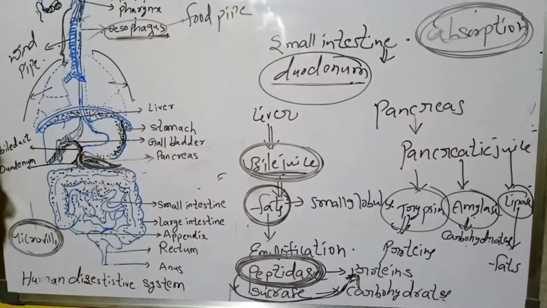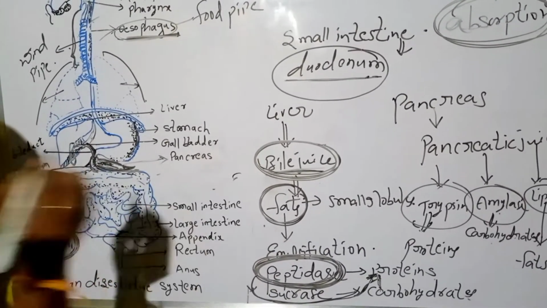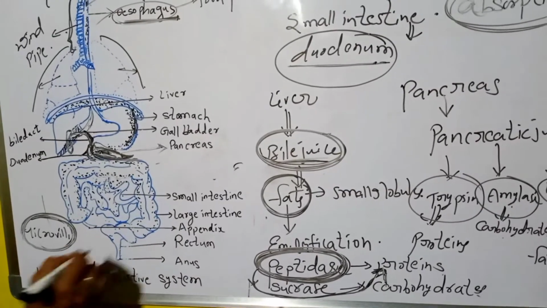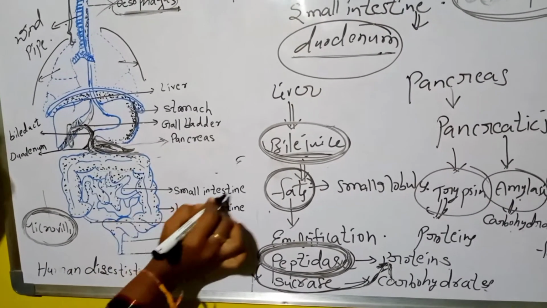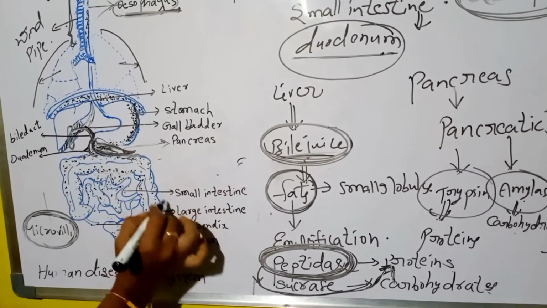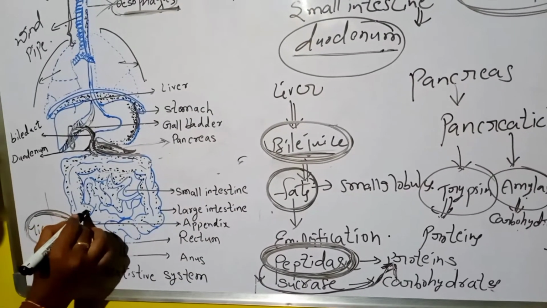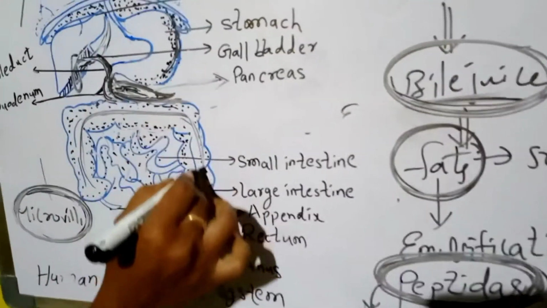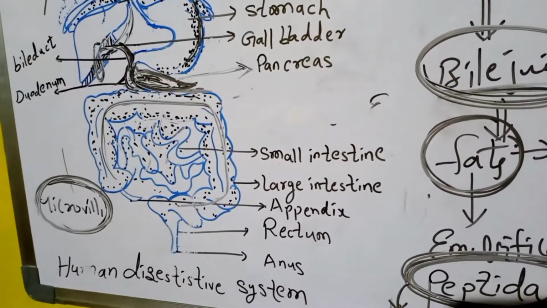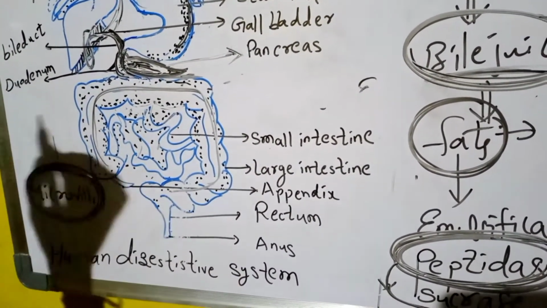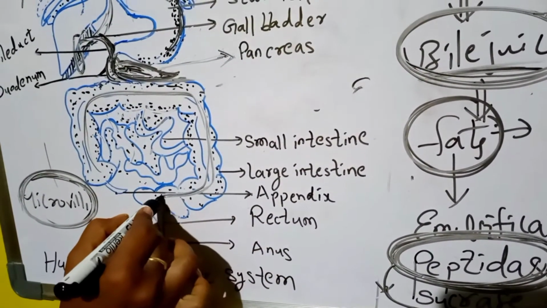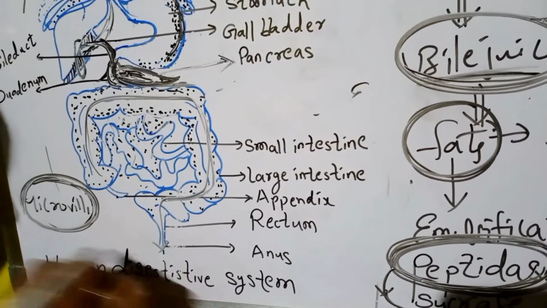After maximum absorption of food in the small intestine, what will happen? The remaining material passes into the large intestine. This material is expelled out through the anus.